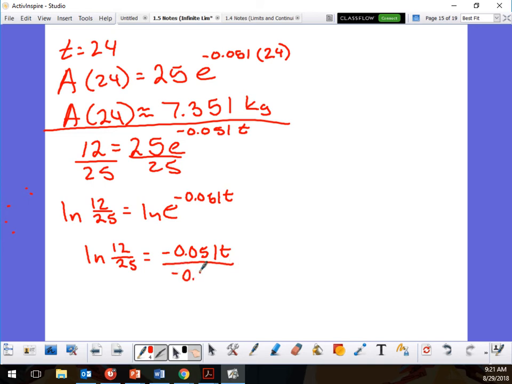Negative 0.051. Negative 0.051. So you could say t is going to be about, calculate.